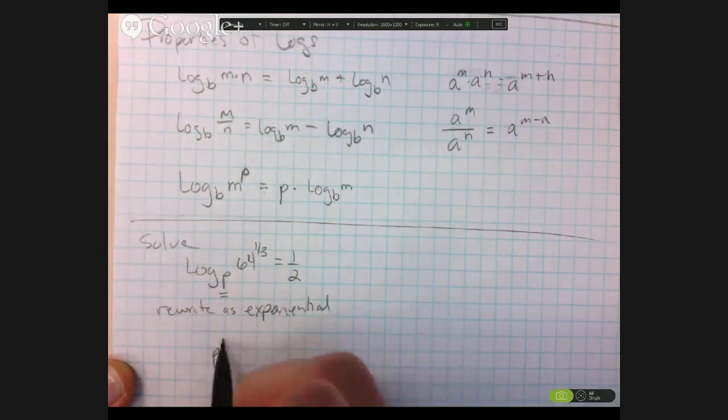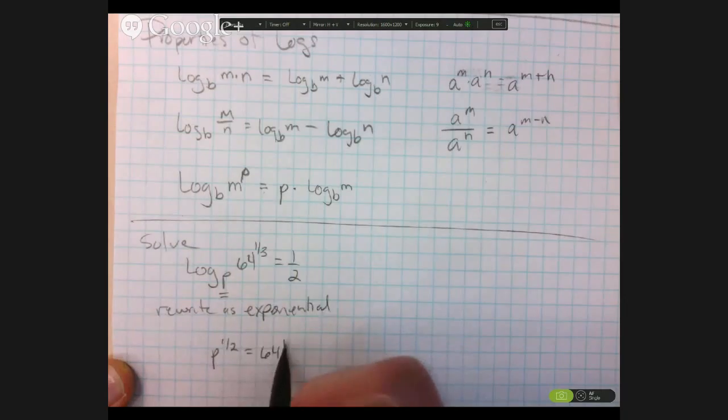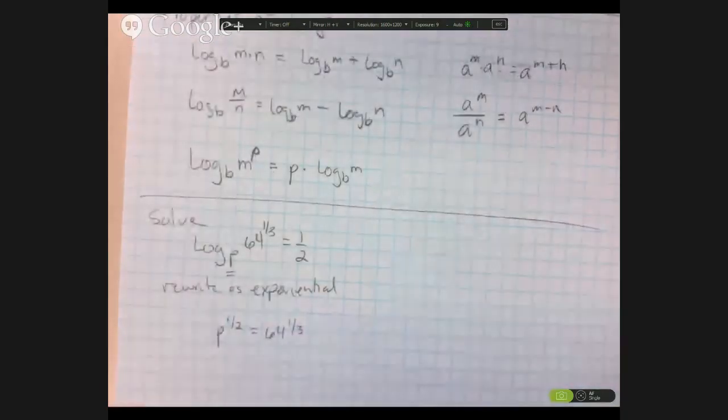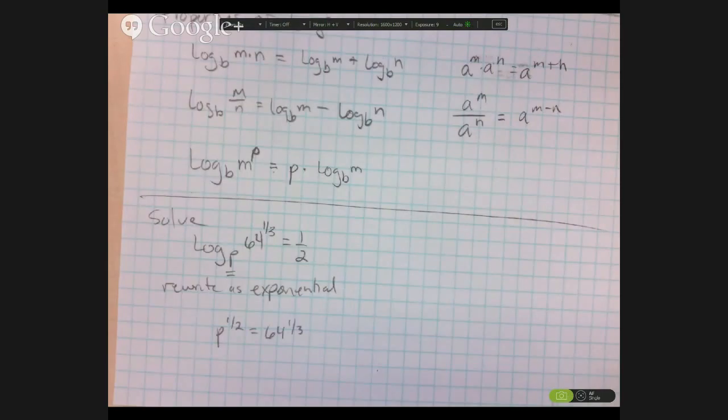So p to the 1/2 is 64 to the 1/3, right? One way to solve an equation: rewrite it as an exponential. What's 64 to the 1/3? The cube root of 64 is 4.